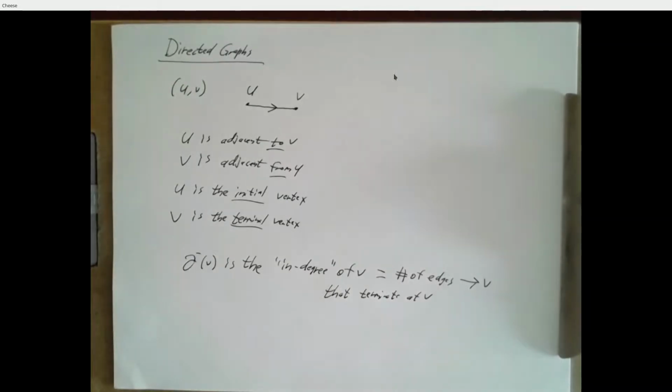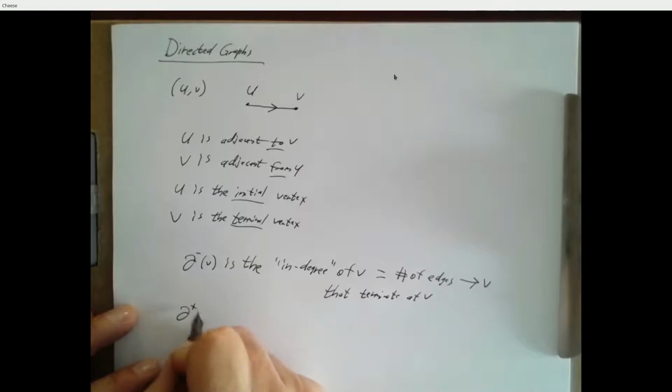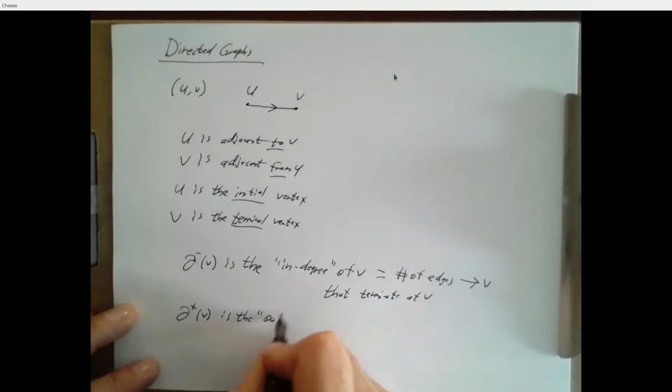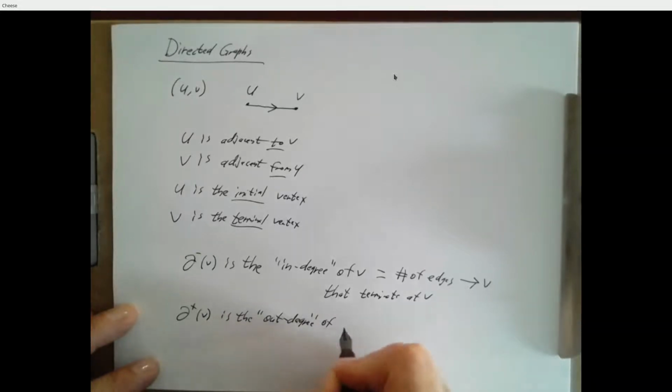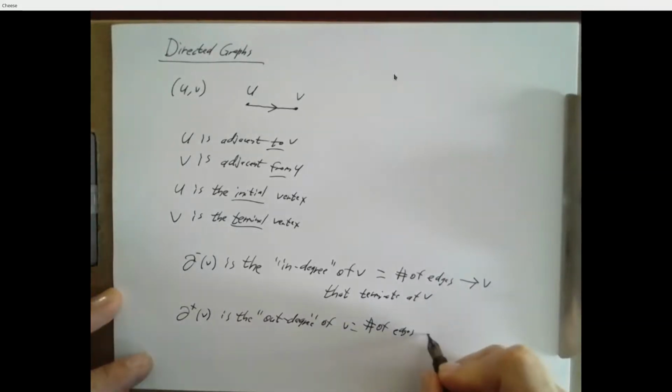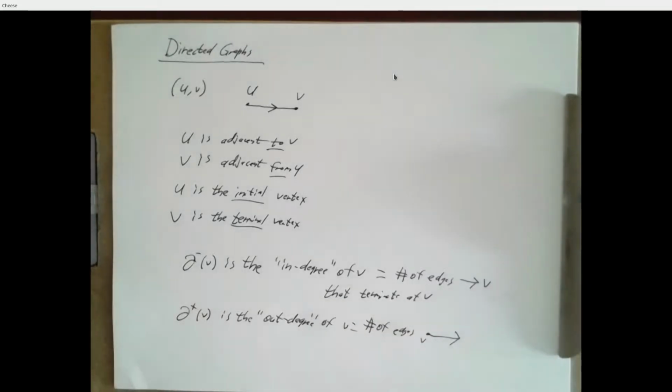So it's the number of things pointing to V, basically. And delta plus is the out degree. And it's the number of edges with initial vertex V. So things that come out of V.